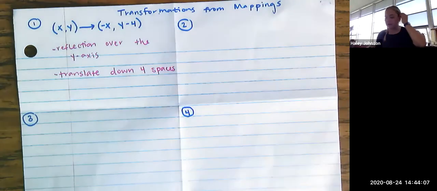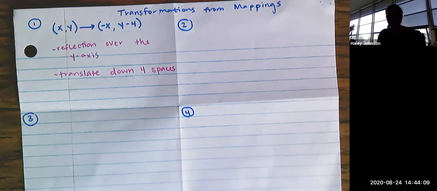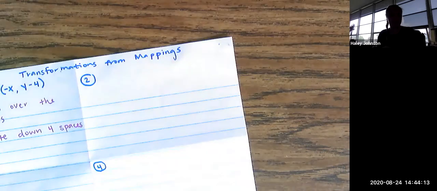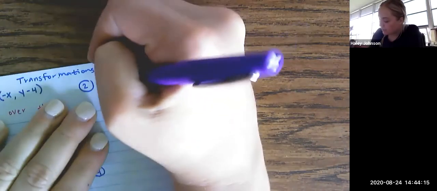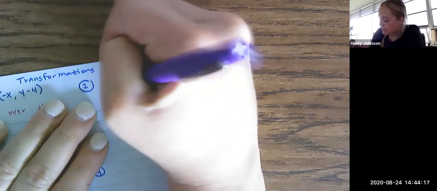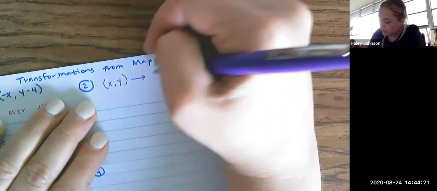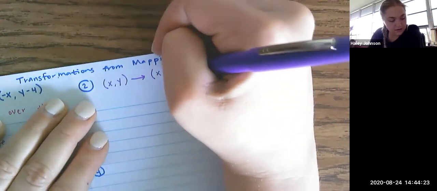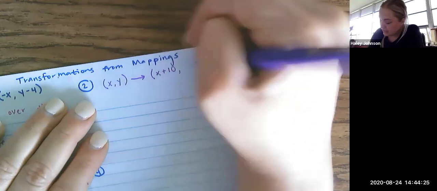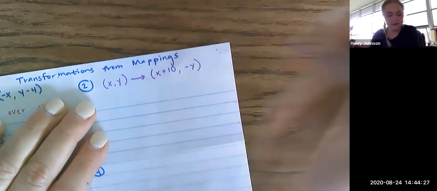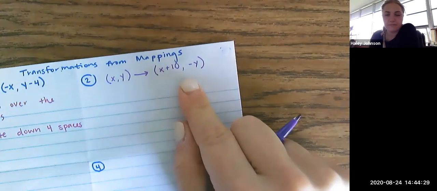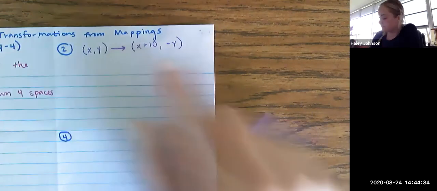Okay, let's look at problem number 2. In box 2, I want you to write down the following mapping. It is going to begin with x comma y, and then an arrow, and it's going to x plus 10 comma negative y. Okay, let's go back to our list of mappings.